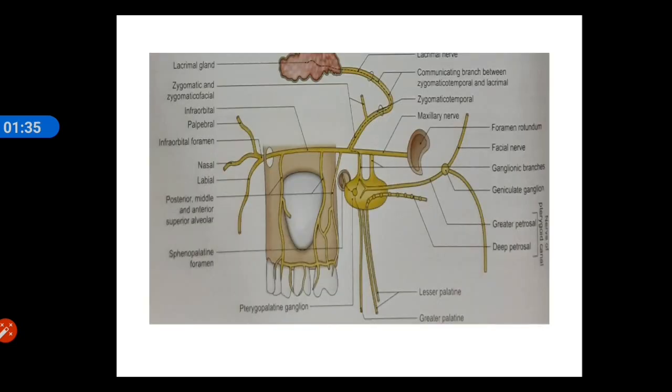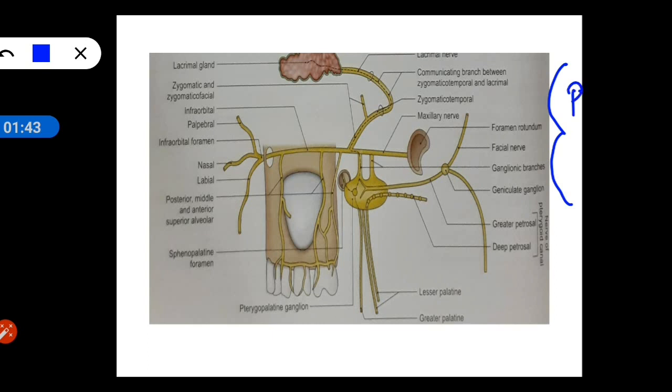Now we will see how the secretomotor fibers will reach the soft palate. We will see this diagram. First, imagine this is the pons. There will be the superior salivatory nucleus in the pons. The preganglionic secretomotor fibers will come out through the superior salivatory nucleus. These fibers will travel through the nervus intermedius of the facial nerve.